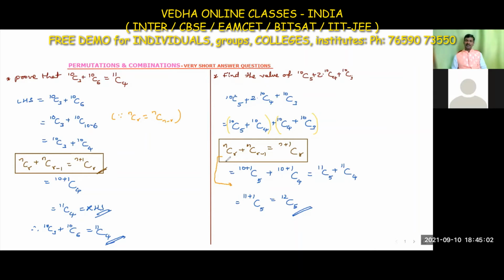If you apply the formula once again, here N value is 11. 11 means N plus 1 means 11 plus 1, C, R and R minus 1, we write the R bigger value. So 5 is the bigger value, so we are writing 5. Understood? Yes, sir. But if it becomes 10 plus 1 C4 and plus 10 plus 1 C5?